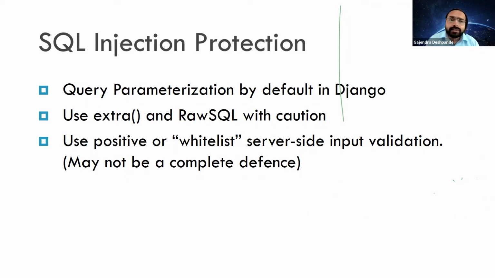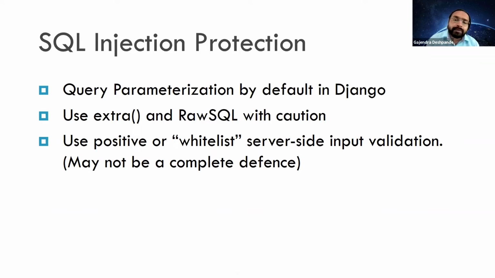So the first one is to go for query parameterization, and by default, Django supports query parameterization. One more important point which I would like to tell here is that by default, these frameworks are secure. You take Django, Flask, or even Plone, or even maybe WordPress or Joomla, those things are by default secure.